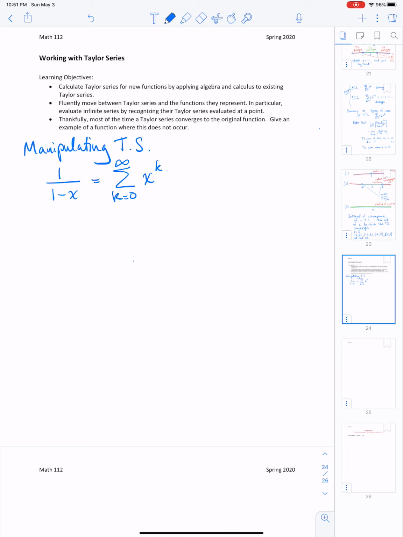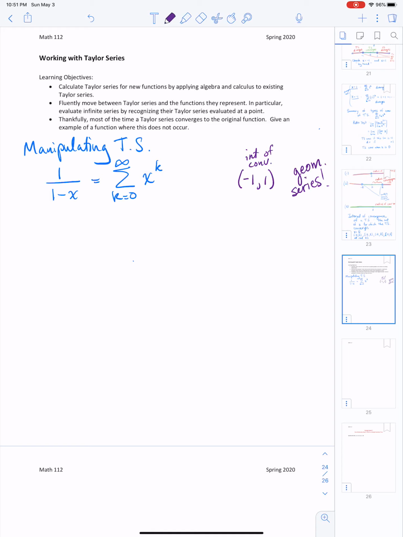So it's one of our simplest series. It comes from really the geometric series, so you'll recognize this. The interval of convergence is minus 1 to 1, as we computed in the last video.